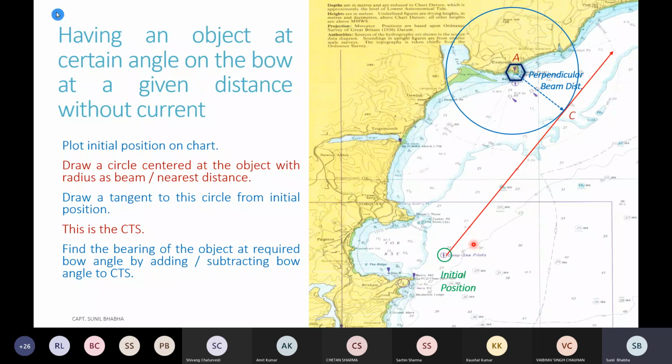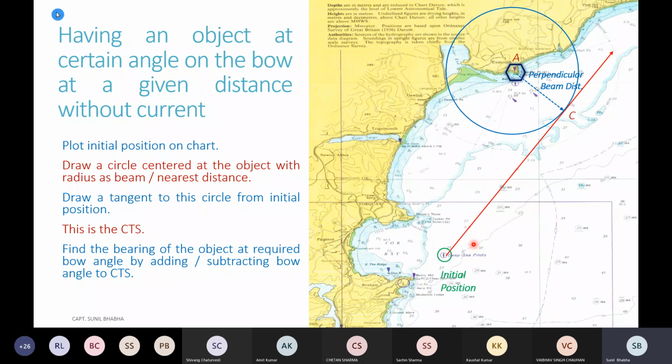So we add or subtract the bow angle to our CTS, depending upon whether the lighthouse is on our starboard side or on our port side. If it is on the starboard side, the bow angle will be added to the course steered. If the object or lighthouse is on the port side, the bow angle will be subtracted from the CTS.